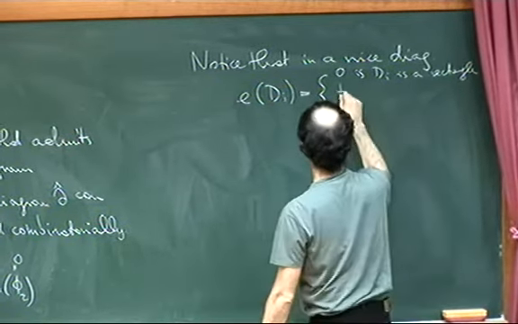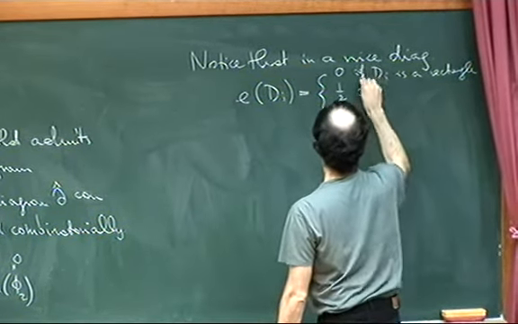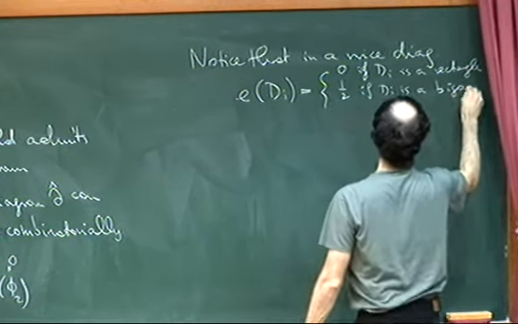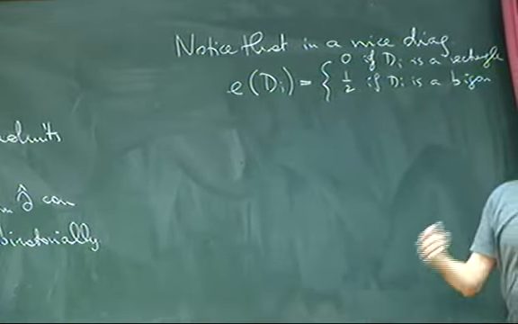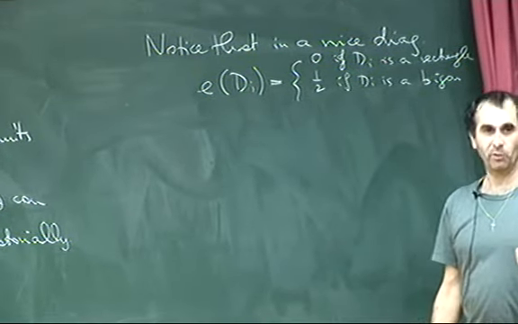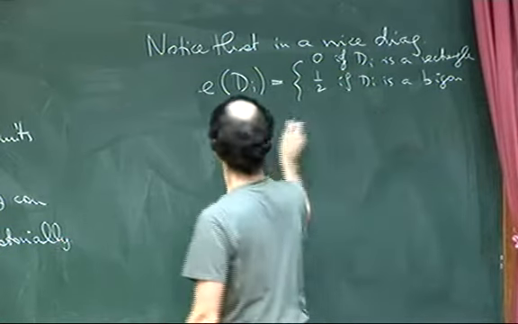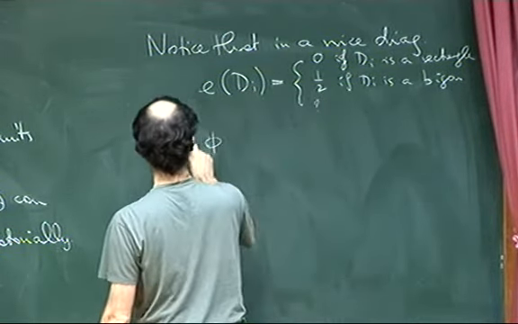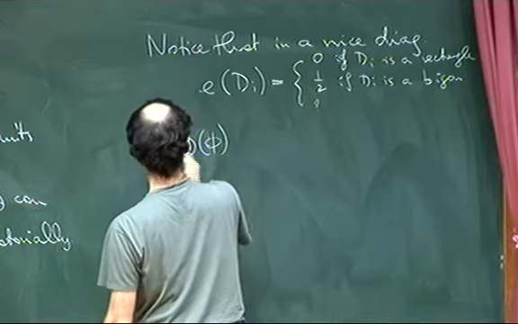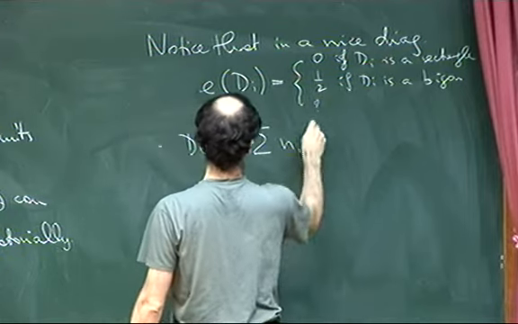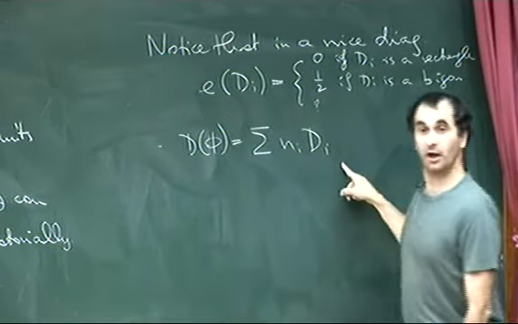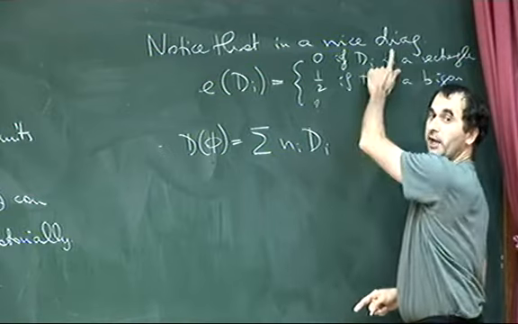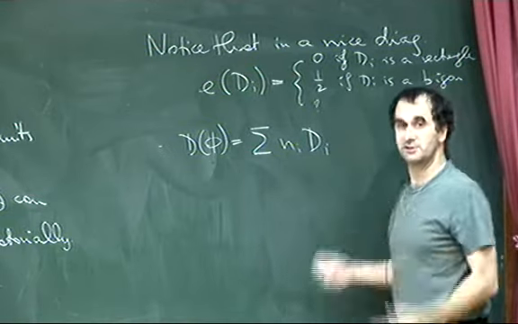It can be 1/2 if D_i is a bigon. And in all other domains, we have to have a point, so this doesn't matter, because in this linear combination, the multiplicity of all the other domains, which are not bigons or rectangles, the coefficient is 0 anyhow.